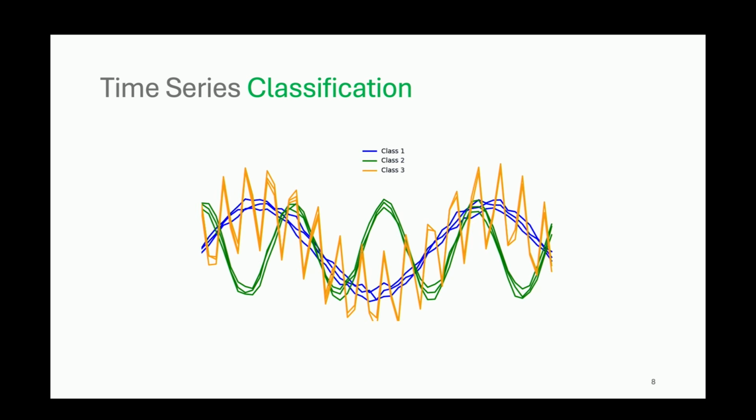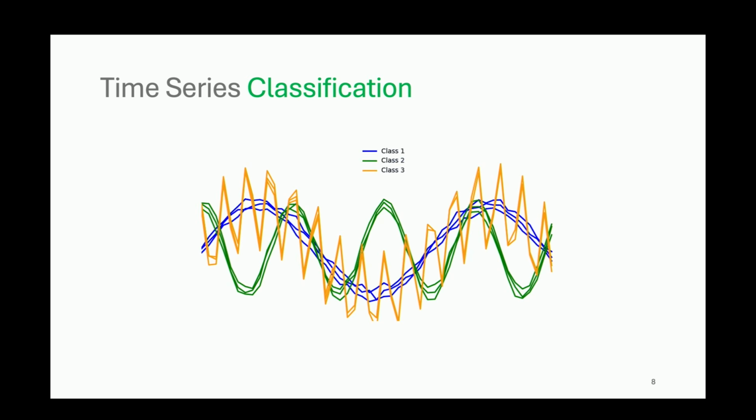So let's say we have different kinds of time series signals or sequences here. Based on their patterns or different features, we want to group them into certain classes or labels. We might want to annotate the data. That is what we call time series classification.